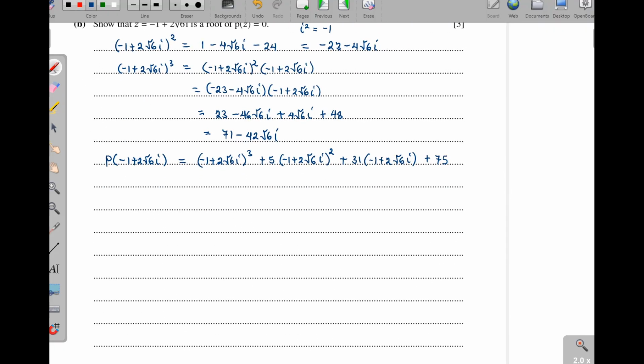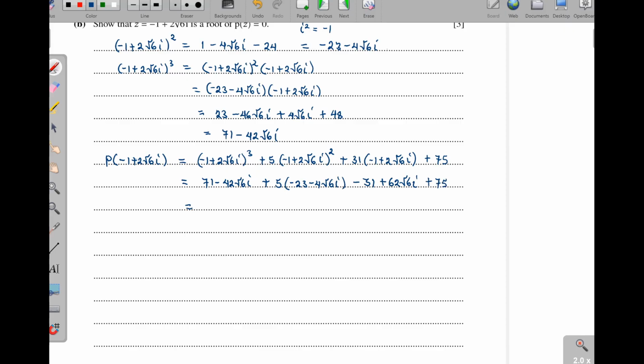Now let's see what we are getting. This one cubed is what is here, that will be 71 minus 42 root of 6 i, then plus 5 times this one squared is here, which is negative 23 minus 4 root of 6 i. Then if we can open the brackets here, we shall have negative 31, then plus 62 root of 6 i, then plus the 75.